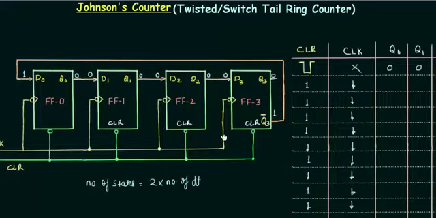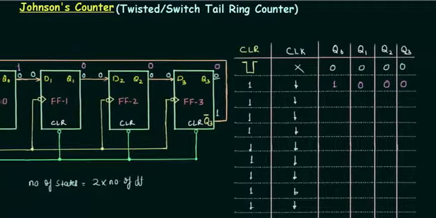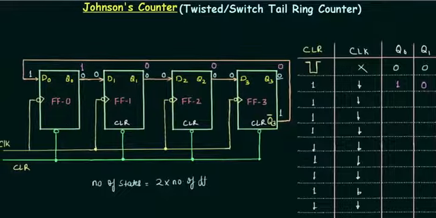Now we will find out what the outputs are at the first falling edge. I will change the color for this purpose. You already know in a D flip-flop when the input is 1, the output is also 1. So for the first flip-flop we have the output as 1, and for the second flip-flop we have 0 because D1 is 0. Similarly for the third and fourth flip-flops we have output 0. So we have 1 0 0 0. Now we will see what we have for the next falling edge.